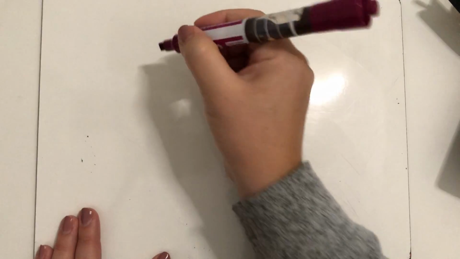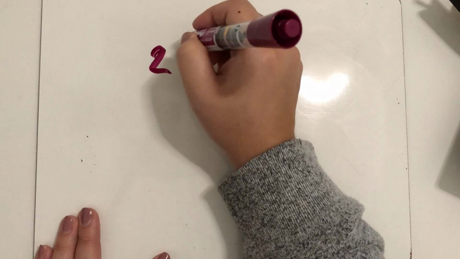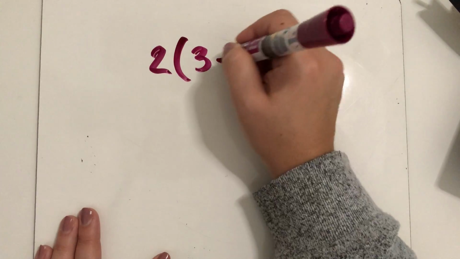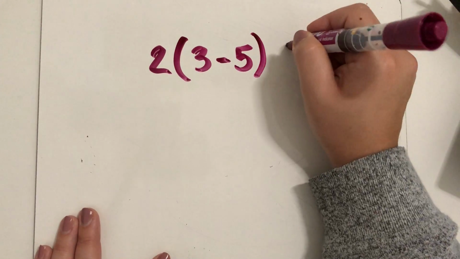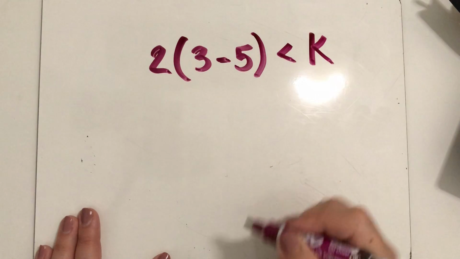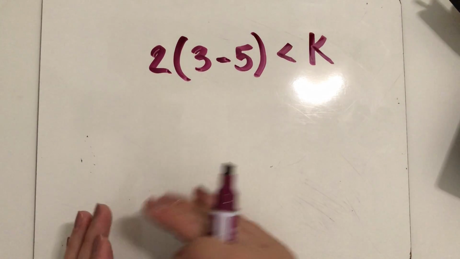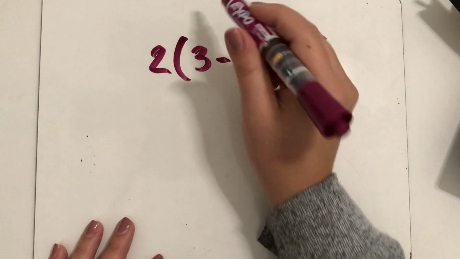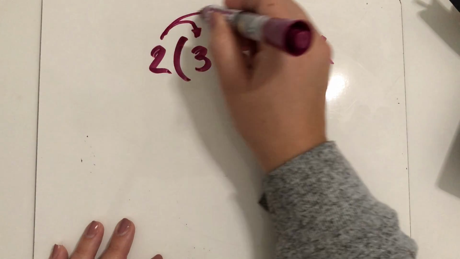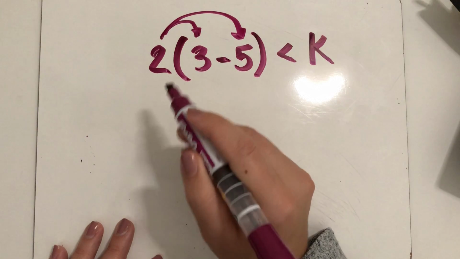Take, for instance, we have 2 times (3 minus 5) less than k. So I need to first figure out what number I'm placing my open or closed circle on. So I'm going to go ahead and distribute this 2 to the 3 and the negative 5.